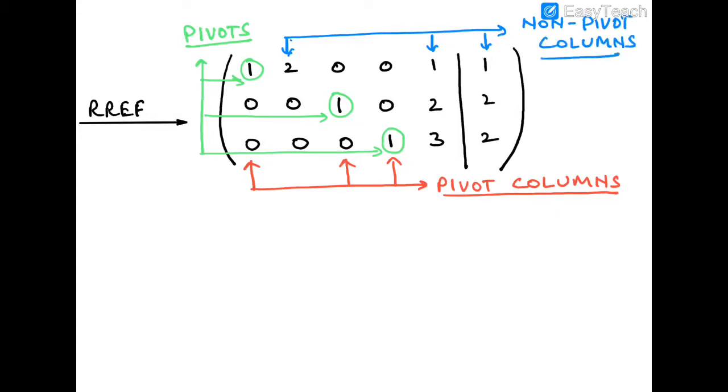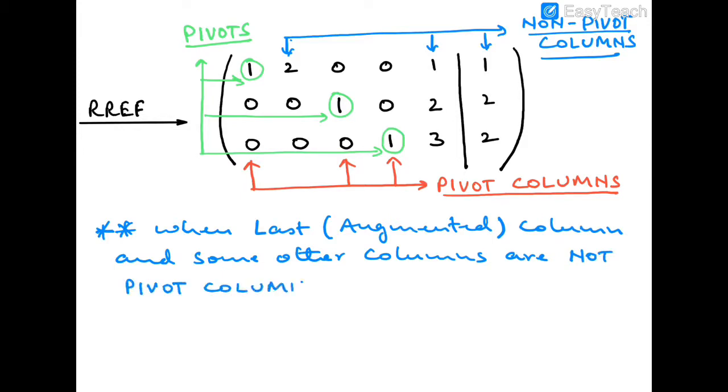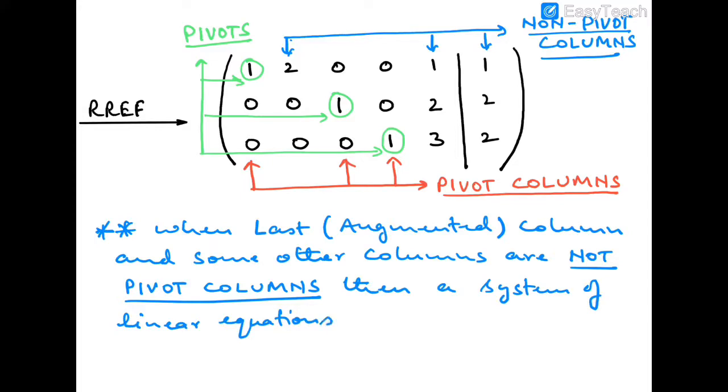So when the last or augmented column and some other columns are not pivot columns, then a system of linear equations has infinite solutions. So if we have the augmented and some other columns as non-pivot columns, then we will have infinitely many solutions.